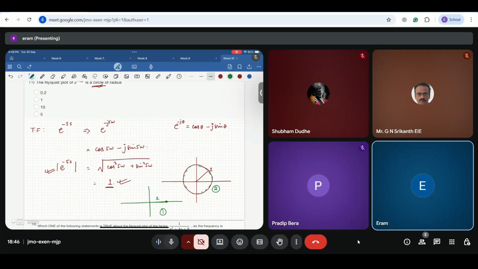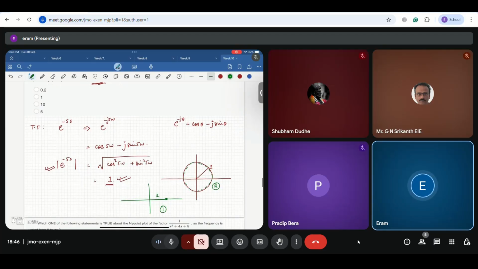Now in order to pick the correct option, you calculate the phase of e to the power minus 5s. What is the phase of e to the power minus 5s? It is tan inverse of minus sine 5 omega by cos 5 omega.